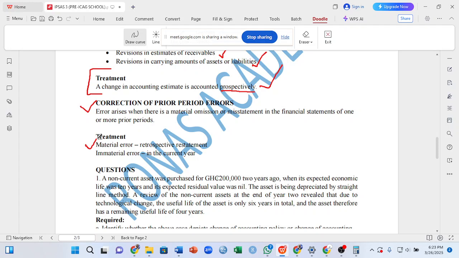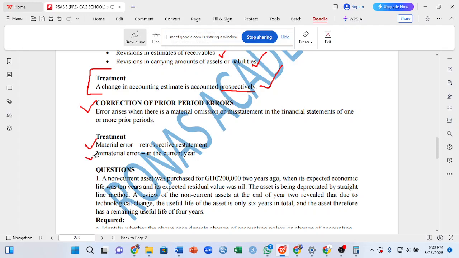With the retrospective restatement, we look at the cumulative effect and then adjust it to the appropriate treatment. Some can just go straight and account for the cumulative effect on the item, and that will solve the error.